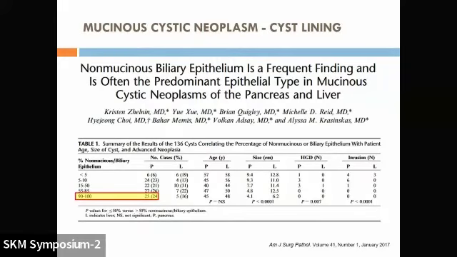I would just like to take a few minutes to discuss the epithelial linings associated with MCN. Typically, we are taught that MCN will have a mucinous lining, and this is what we are looking for when we are trying to diagnose this entity.